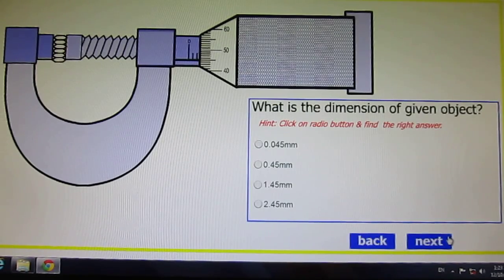And now you can say the answer will be 2.45 millimeter. Why? This 1 millimeter, another 1 millimeter, 2 millimeter complete measurement, and the 45th division is aligned with this baseline. So our answer will be 2.45 millimeter.